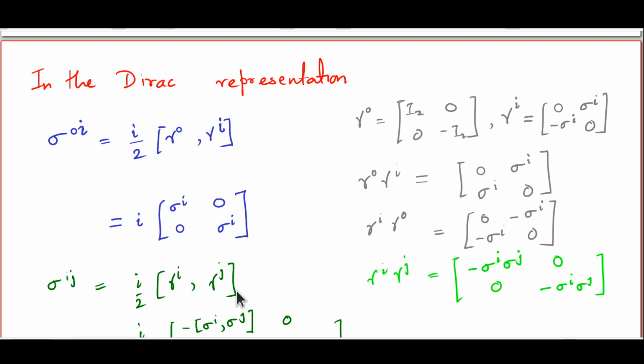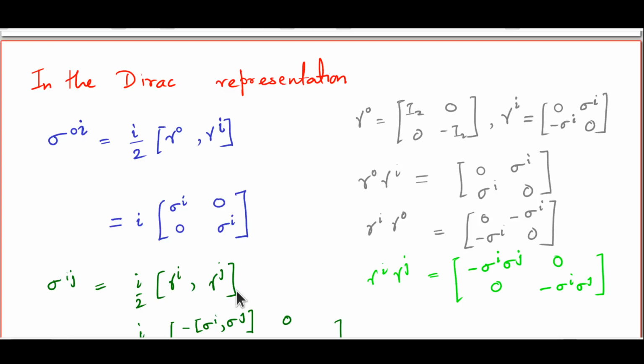From our defining relation, which we have just derived, it is going to be i/2 times the commutator of γ^0 with γ^i. And if we use γ^0 and γ^i as given in the Dirac representation, it is very easy to see that γ^0γ^i and γ^iγ^0 are both very similar in form: (0, σ^i; 0, 0) for one and (0, −σ^i; 0, 0) for the other.